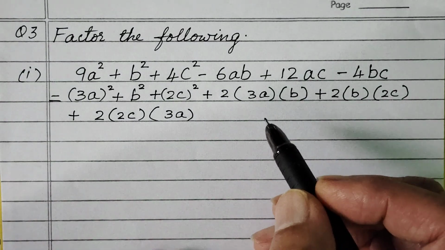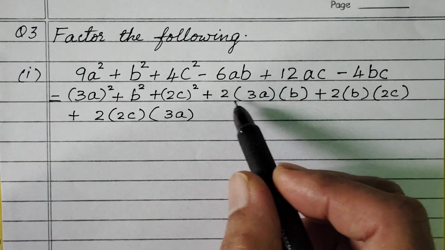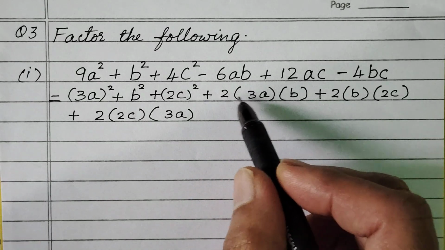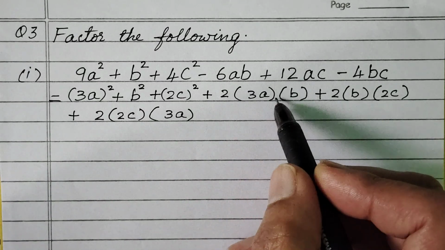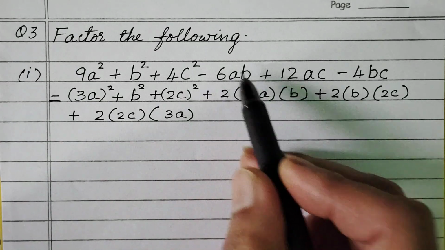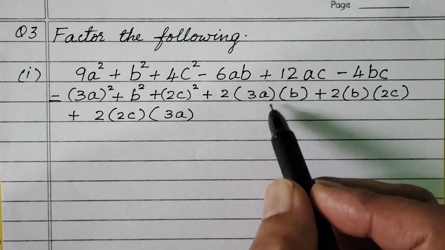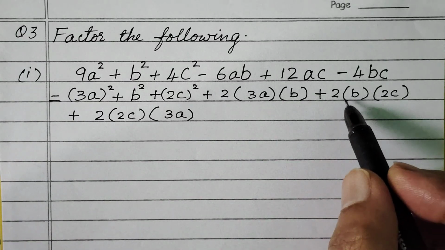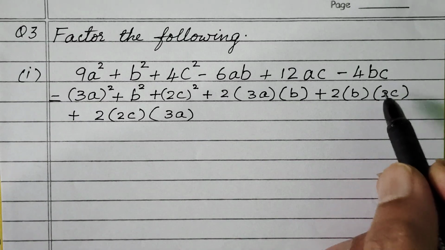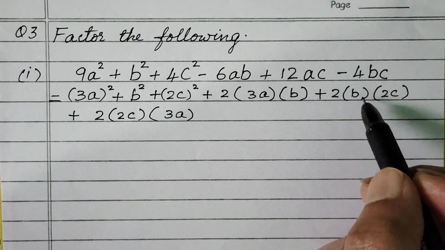Now you can see here, suppose I solve it, what will I get? I will get 6ab, but here there is minus 6ab. Now if I solve this one, I will get 4bc. Here there is minus 4bc.